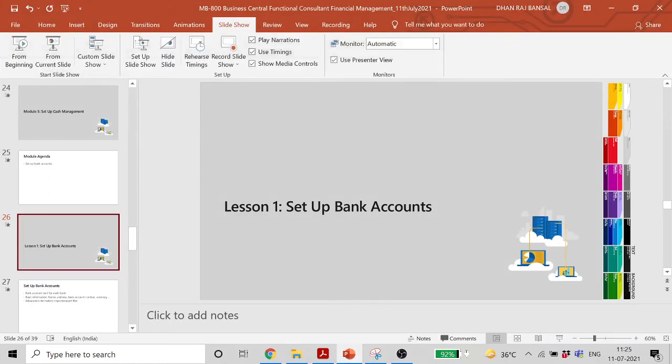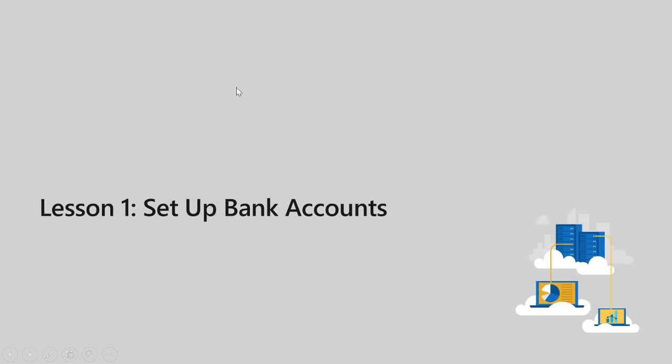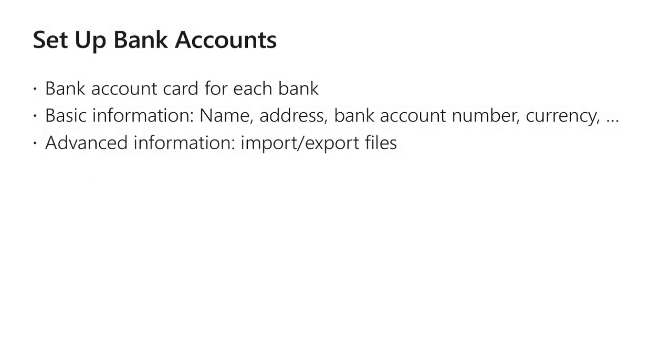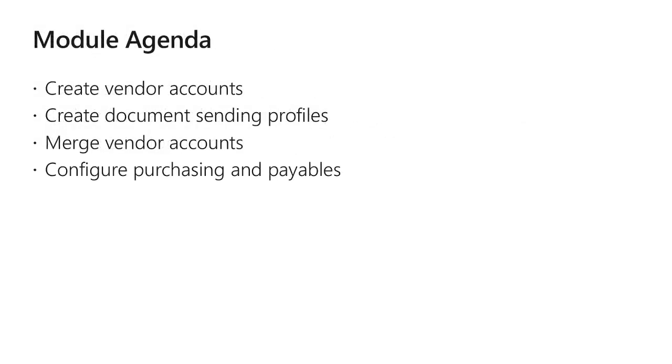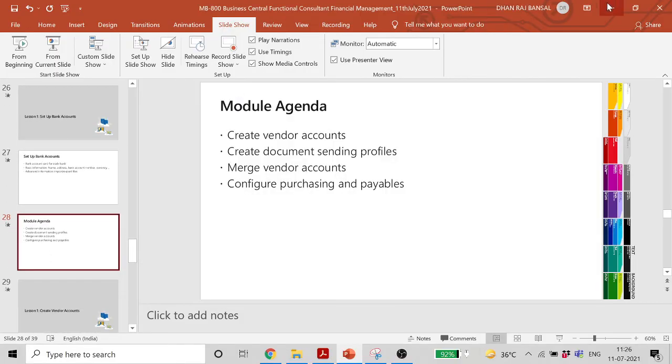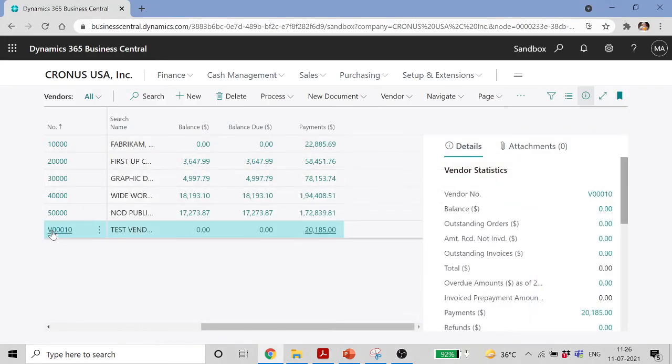Let's go back to our PPT. Set up bank accounts, we have seen that module. Vendor account, create document, sending profile, merge vendor accounts. If two vendors are created for a particular vendor and later on you found that this was a manual mistake, you can merge them.